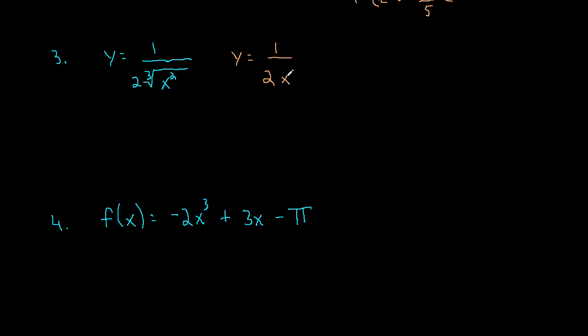So I'm going to take my x squared, and instead of taking the cube root of this, I'm going to raise it to the 1/3 power. Okay, well I can rewrite this, and that's going to be 2 times x to the 2/3 power.